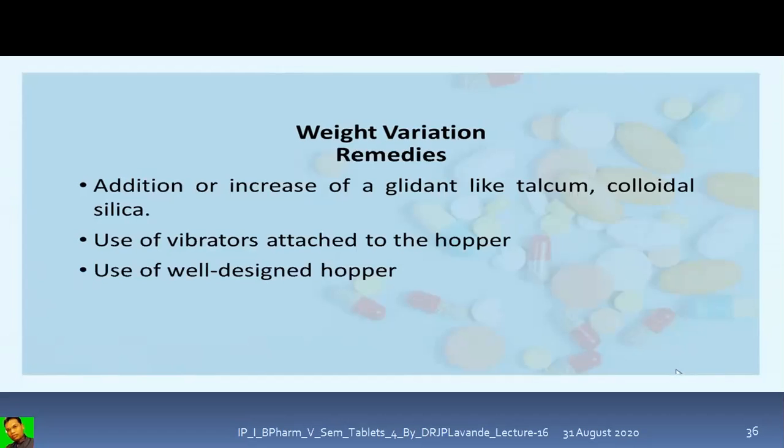Use a well-designed hopper, with the proper shape determined through R&D. Through research and development, the shape can be modified. It should be conical or vertical, in order to ensure complete filling of the die cavities.